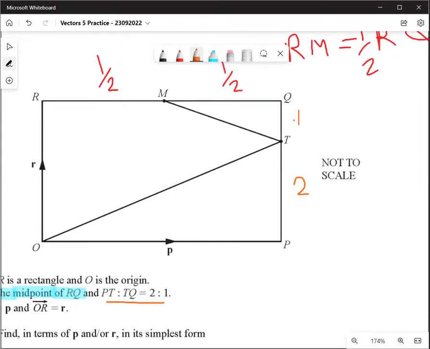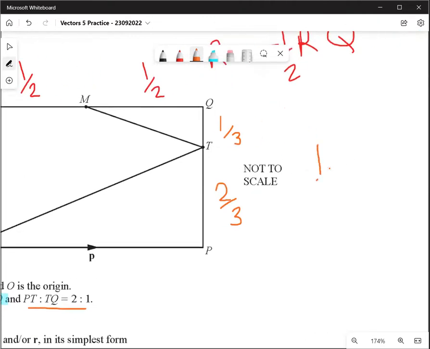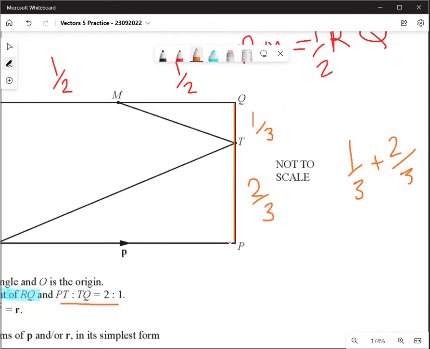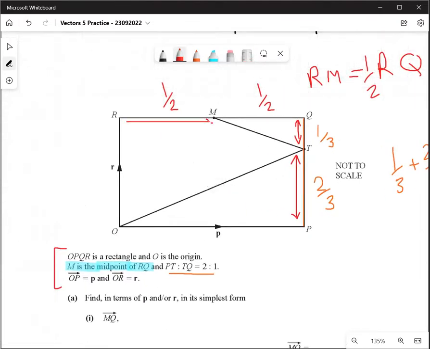It's not just 2. What we'll do next is add this up. What is 2 plus 1? 3. This must be 2 over 3. This must be 1 over 3. Because 1 over 3 plus 2 over 3 makes 1. So we're dividing this whole thing into 2 parts. This part and this part. Same thing here.